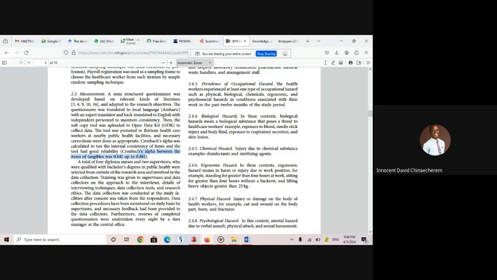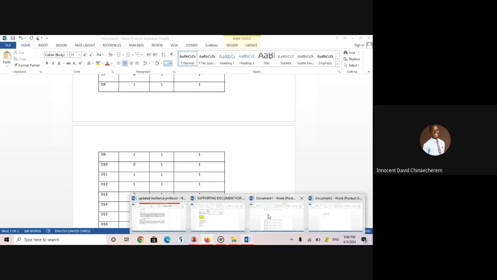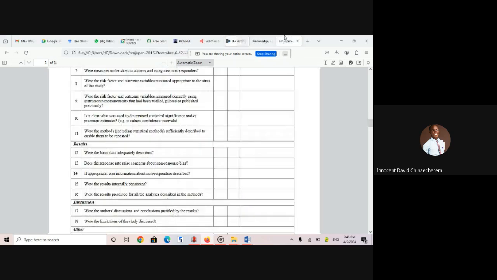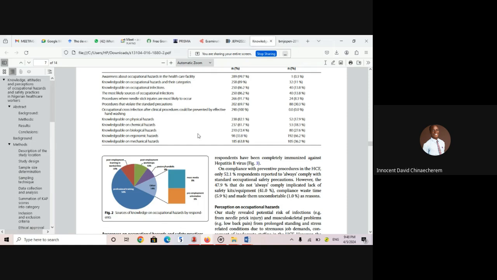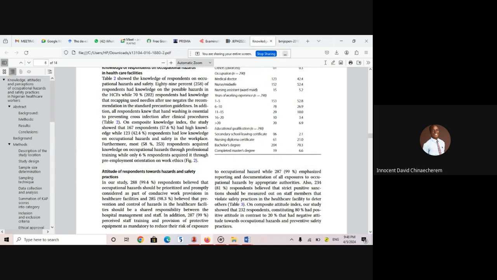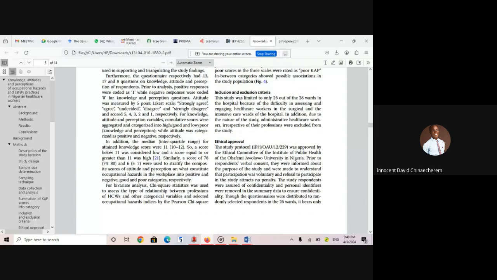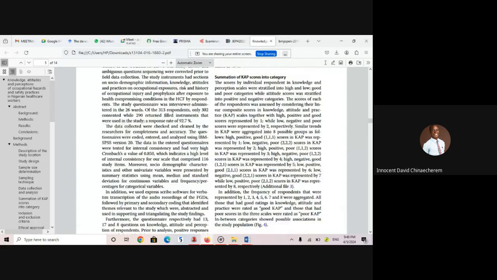I see it. Can you see it? So it is there. So it is one. So we check the next paper. So we go back to check the internal consistency. We get that here.